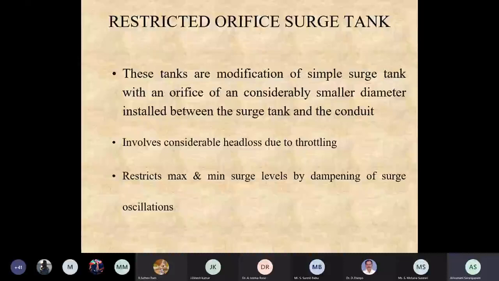So to restrict that, we will have a smaller restricted orifice to release the pressure. That is called a restricted orifice surge tank, involving considerable head loss due to throttling, and the maximum and minimum surge level are reduced by damping of the surge oscillation.